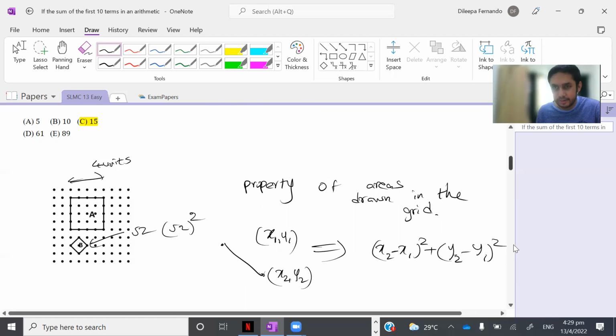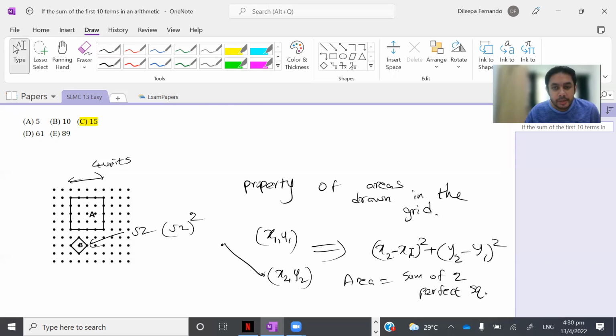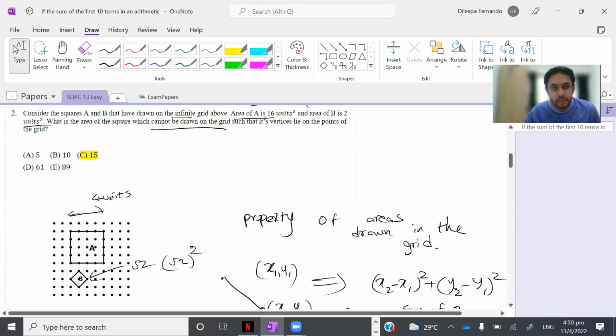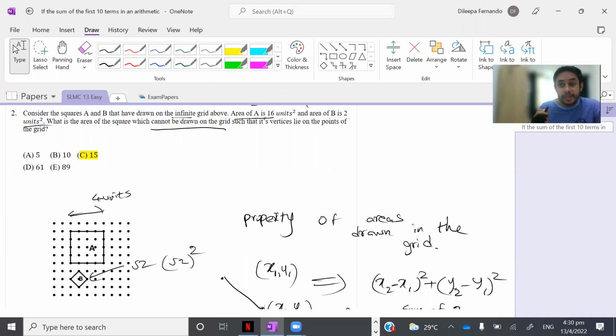Since this is an infinite grid, you can have arbitrary numbers for x2, x1, y2, y1. So the property is that the area should be a sum of 2 perfect squares. By using this property, you can evaluate each of these numbers.